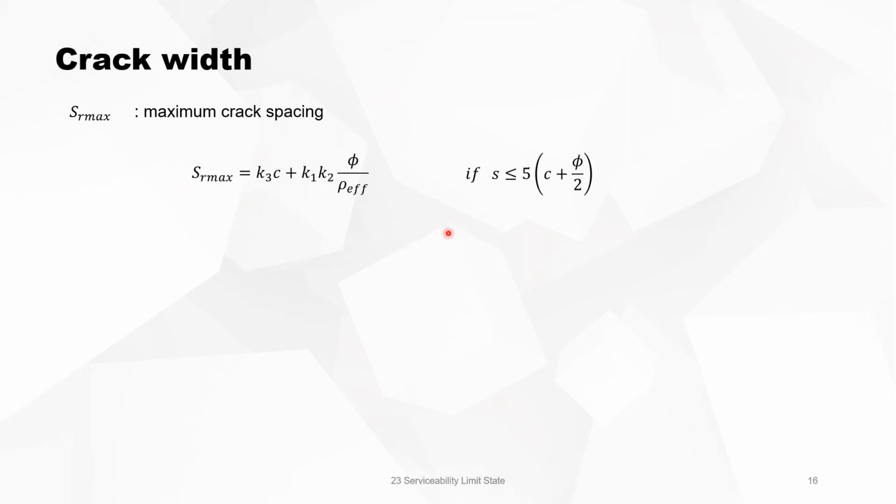Now, if the bar spacing is less than this amount, then this formula is valid. If the spacing of the rebars is more than 5 times the cover plus the diameter divided by 2, in this case SR max is given by this formula.